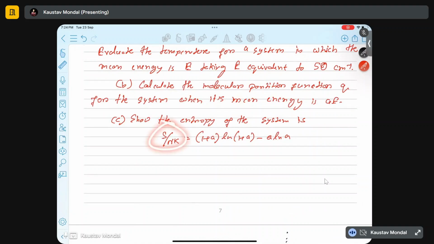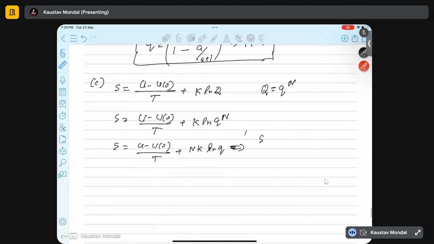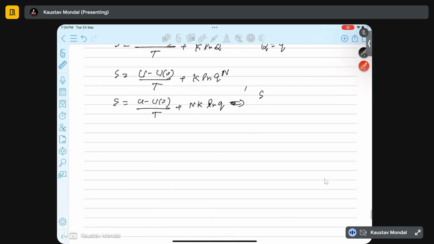we can take Nk as common from the right hand side, so you put Nk in the denominator and the whole thing becomes (U minus U0) by NkT plus ln q, with Nk taken as common.